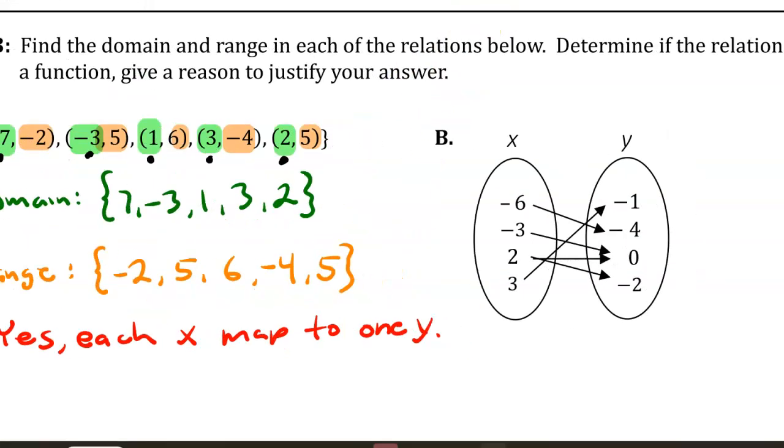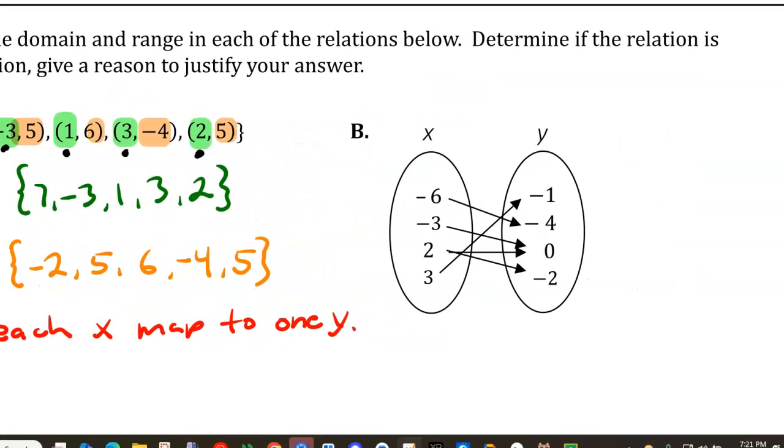And we can look at this next one, which is called a mapping. And we could write these out as coordinates. It's a little bit different here. But you can see like negative 6 maps to negative 4. That's the same thing as negative 6 maps to negative 4. So that's a coordinate. And we can just keep this going. -3 maps to 0.